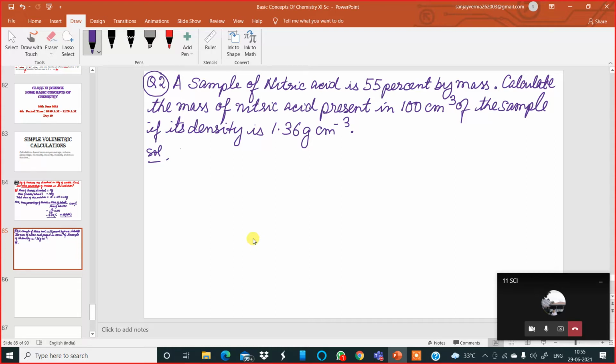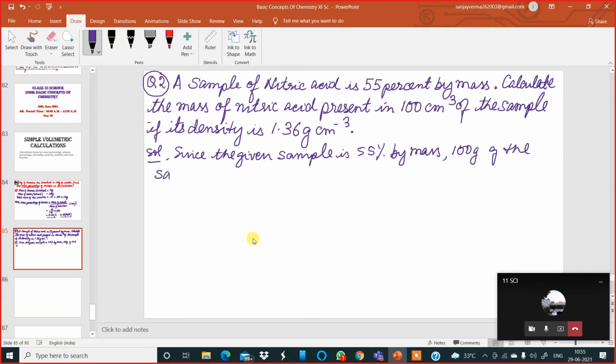We can write down the sentence: since the given sample is 55% by mass, which means 100 gram of the sample would contain 55 gram of the acid, that is nitric acid.